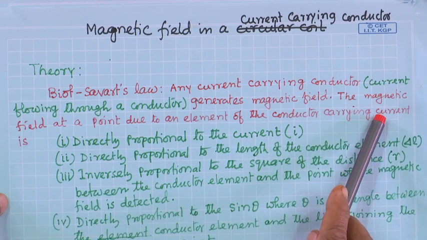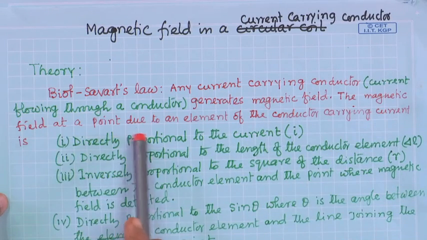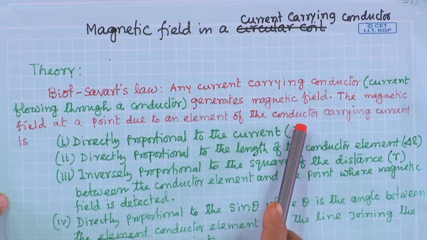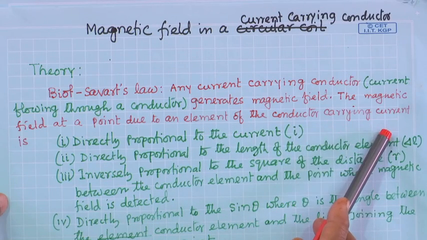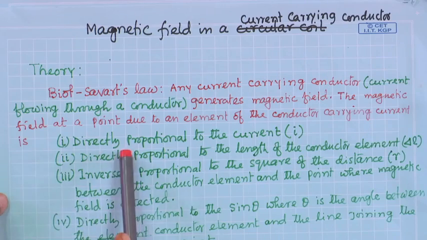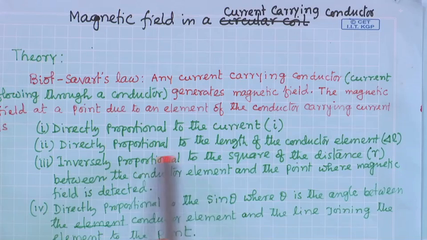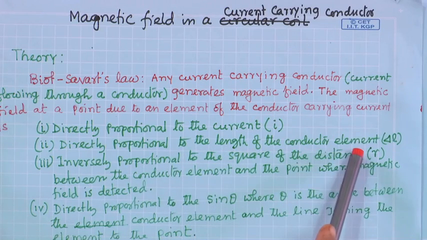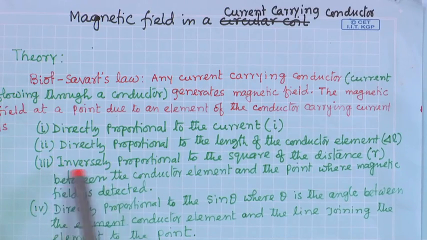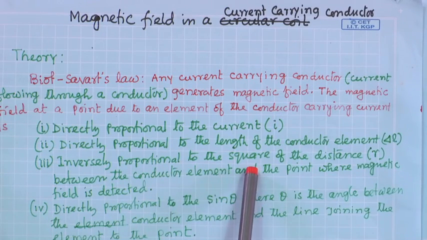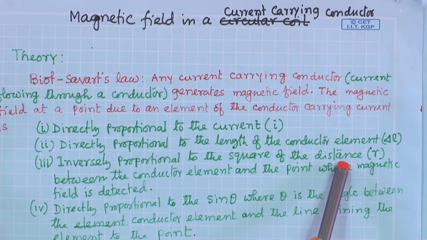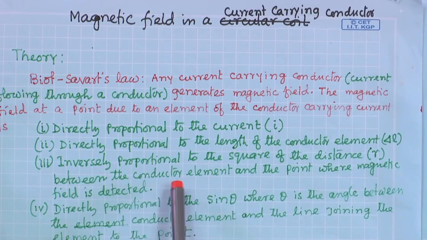The magnetic field at a point due to an element of the conductor carrying current is directly proportional to the current, directly proportional to the length of the conductor element, inversely proportional to the square of the distance r between the conductor element and the point where the magnetic field will be detected. Okay.